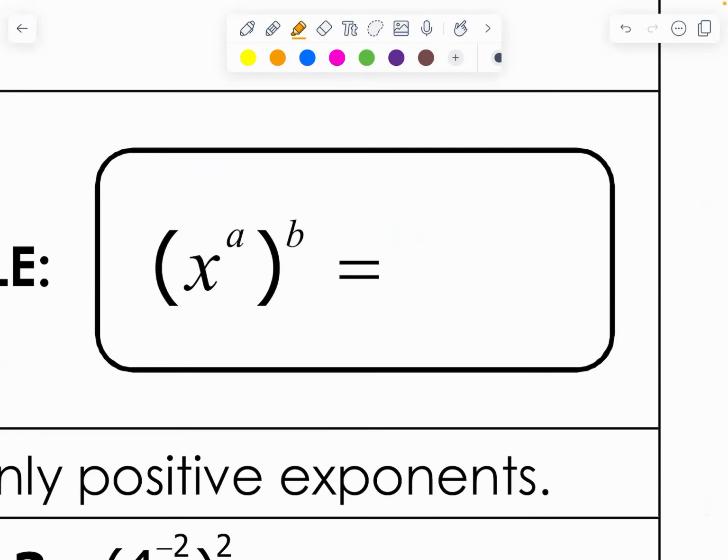If we have an exponent raised to an exponent, it's called power to a power, then we are going to multiply our exponents together. That's it. So if it's 2 and 4, you just do 2 times 4, which is 8. Yes. And then x to the 8th is the answer? Yes.